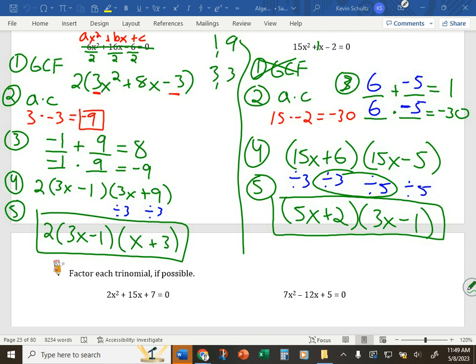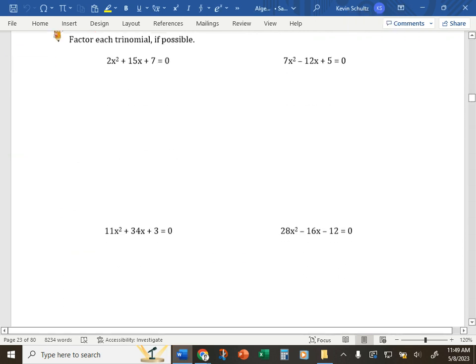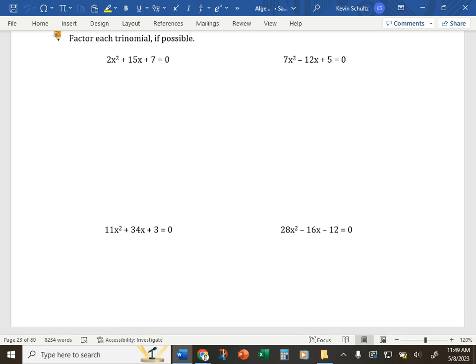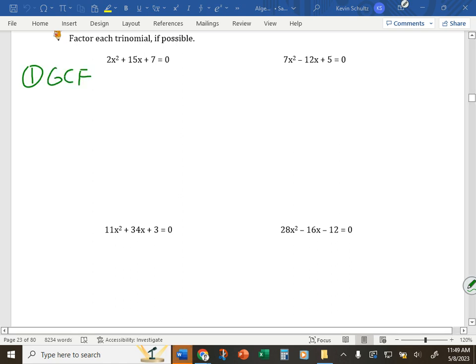Okay, I want you to try the next one. Flip the page. These first 2 don't have greatest common factors, easing you in a little bit. So on both of these, step 1 where you factor out that GCF, there isn't one. So you can jump straight to step 2, which is the AC: multiply A and C, set up the number puzzle.